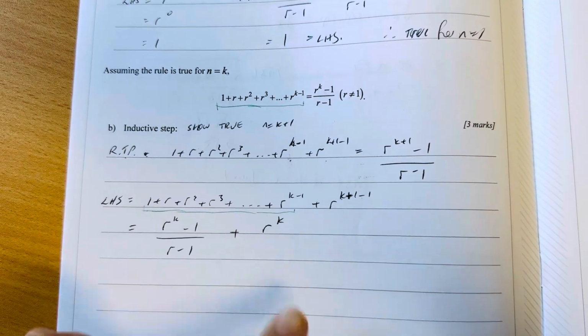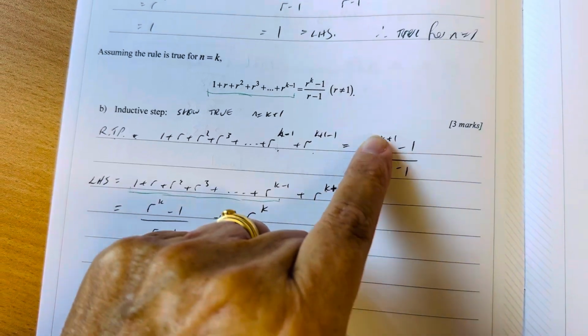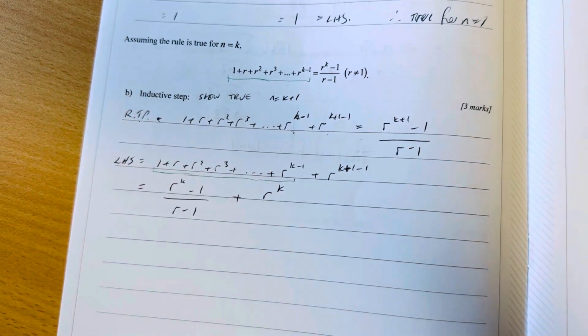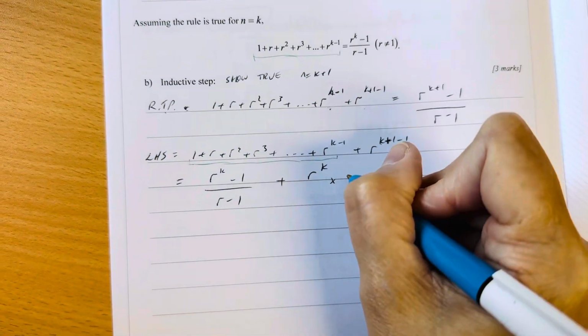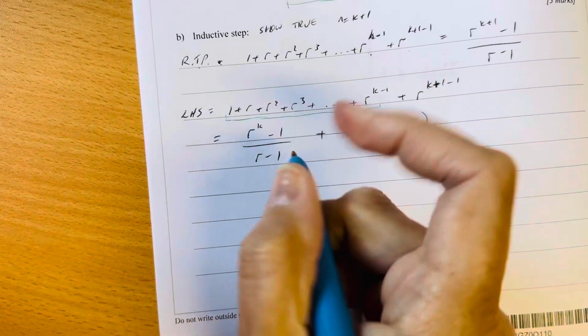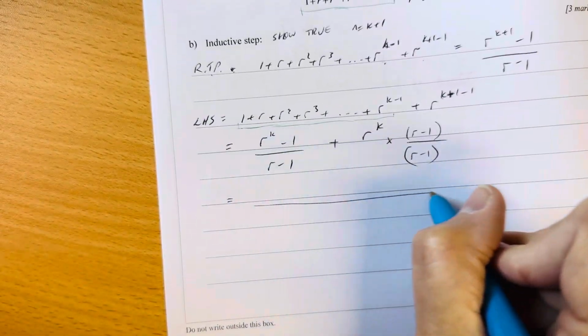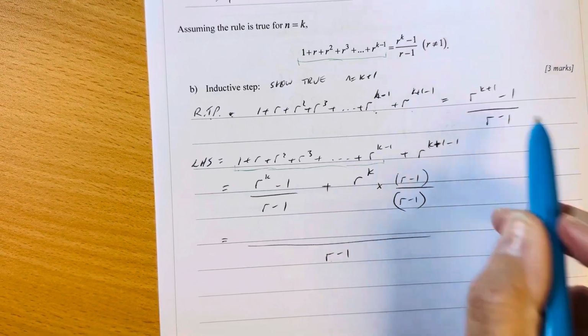Now we've got this left-hand side, it's an addition, and we want to make it equal to this right-hand side, which is all over r take 1. So let's create a common denominator. I'm going to multiply this by r take 1 over r take 1. This gives me a common denominator of r take 1, which is what I want on my right-hand side.